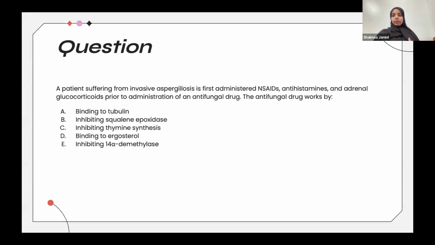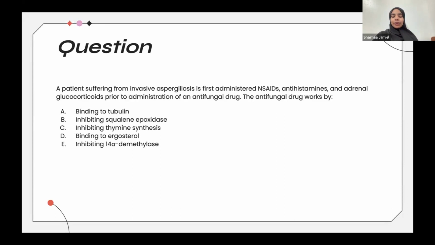Amphotericin, okay. What is A, the drug that binds to tubulins? What's the name of the drug? Echinocandins, Griseofulvin, yes. Benzofurans, okay.